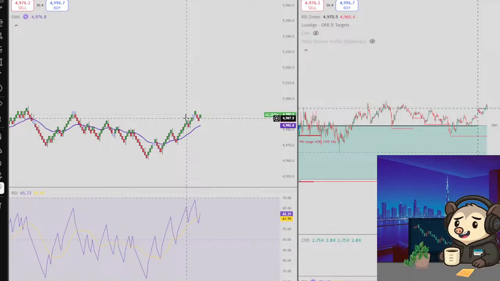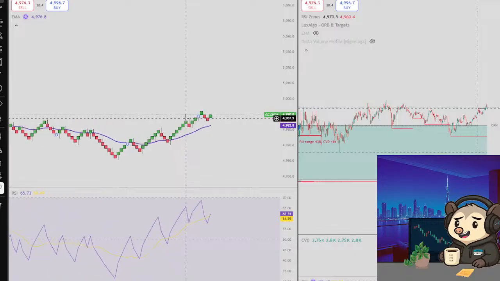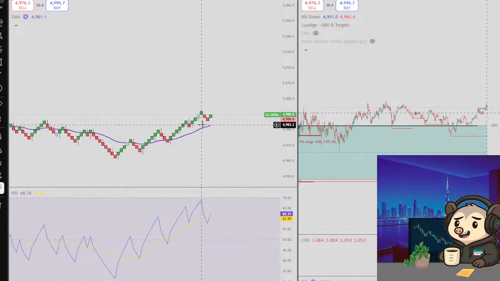Where is that? This one became overbought. And then you wait for a crossover, it's overbought again. Right here. Which would have been a loss, obviously.